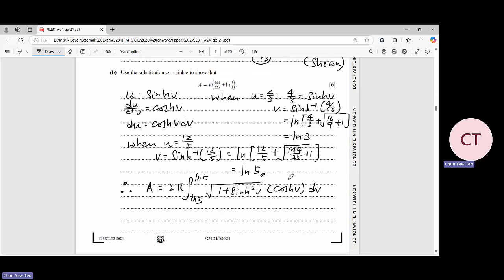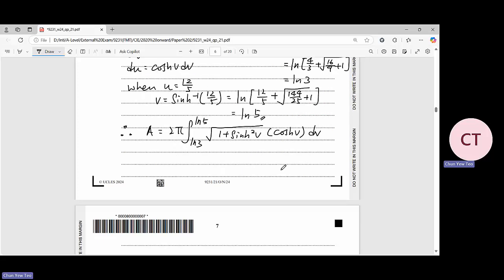So now the question has become this expression, and you need to use the hyperbolic identity. You should know that this one will be the same as cosh squared v, and you square root it, you will get cosh v. Cosh v times cosh v, you have cosh squared v.